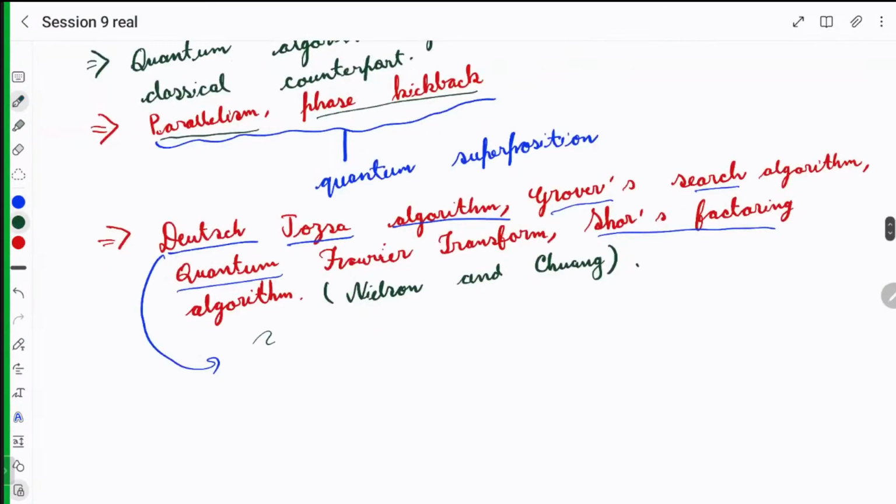Classically, the complexity of this algorithm grows as 2 to the power n, where n is the number of bits. And from the quantum solution, you can show that with a constant number of steps, you can solve it.